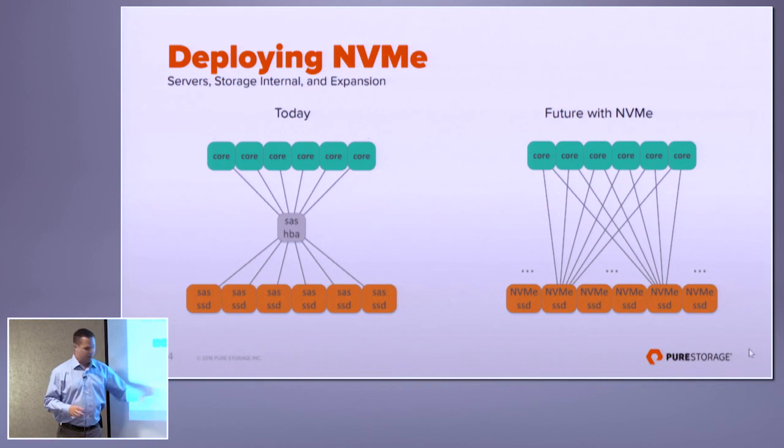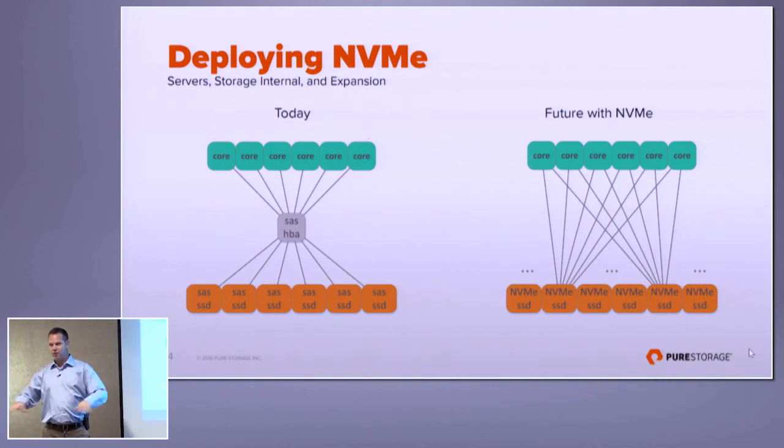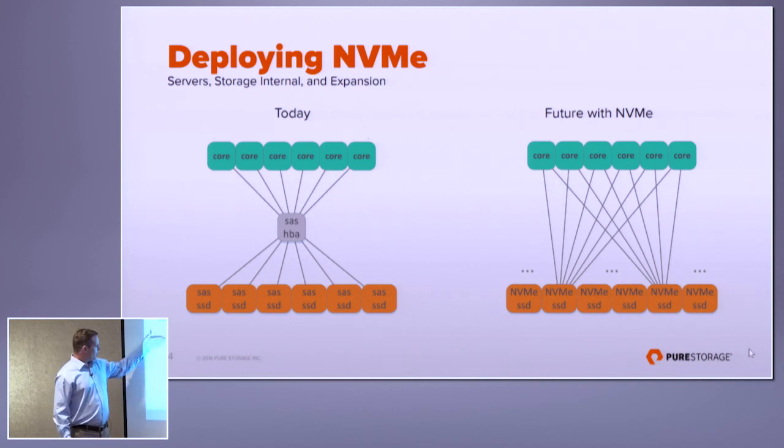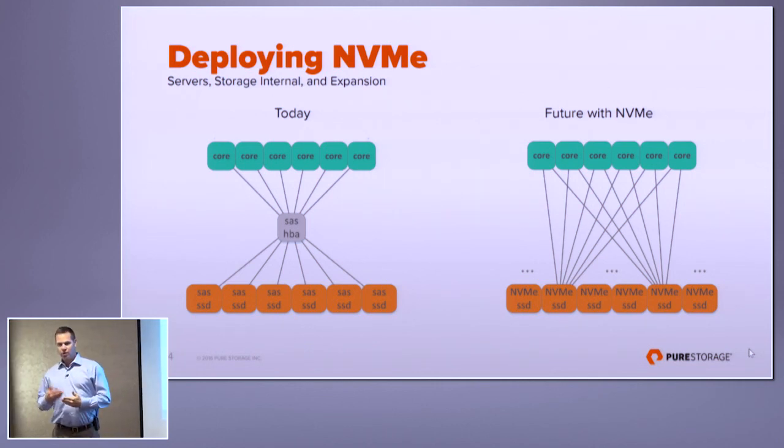If this becomes a bigger topology, you've got SAS expanders and so forth, but I wanted to keep it nice and simple. So, for a process running on one of these cores to get to storage, it's typically got to context switch into the kernel. You've got to access, probably several layers of the SCSI stack to do all the different functions that we expect before getting down to the SAS driver, where I've got to take a lock on the port.